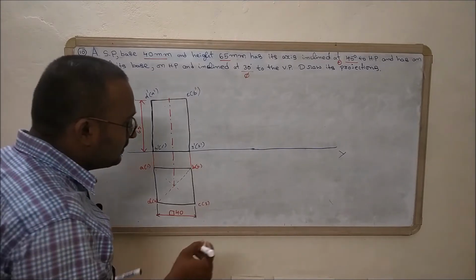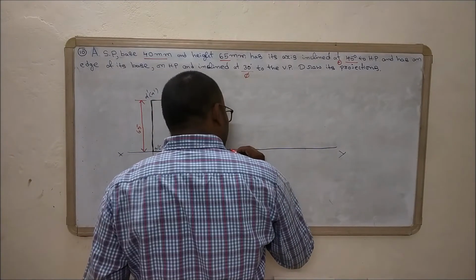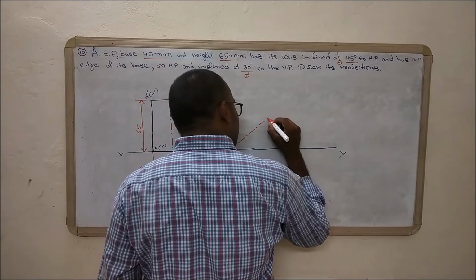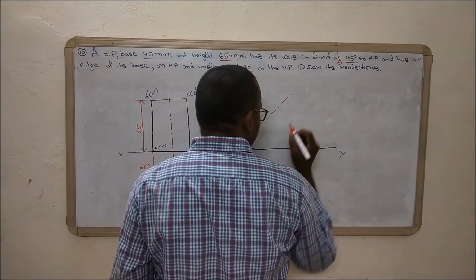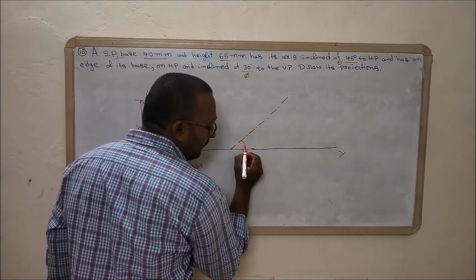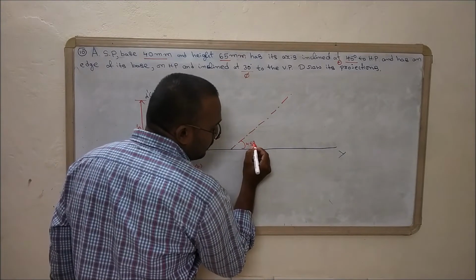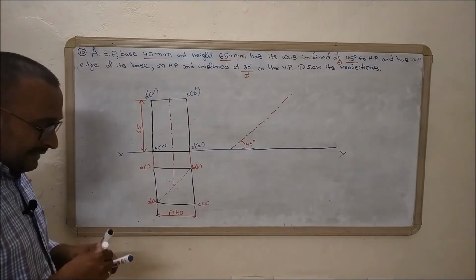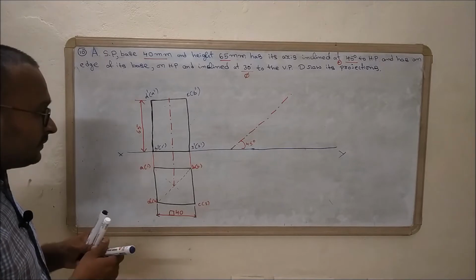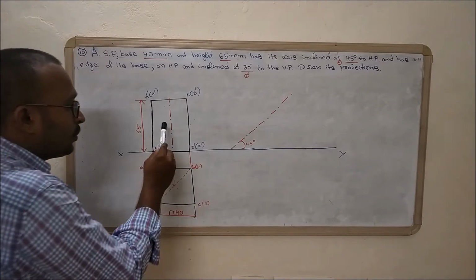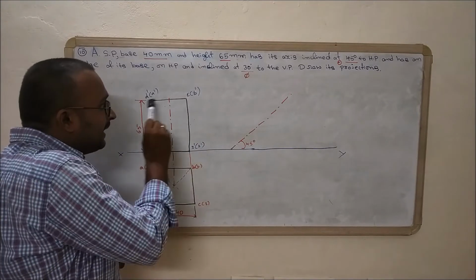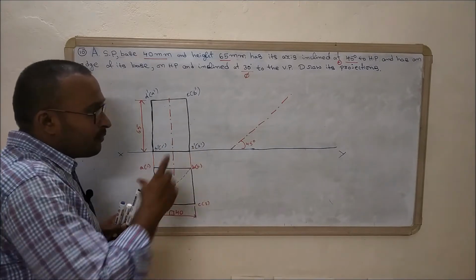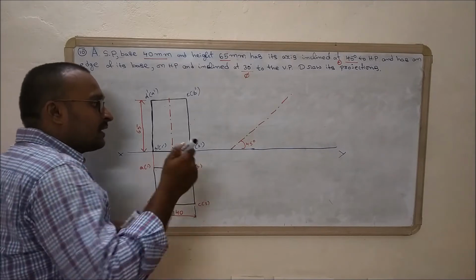So in this case we must start with the 45 degrees inclined line, so that this 45 degrees inclined line with HP, which is equal to theta angle, then we must rotate this particular A, B, C, D, 3-4 profile at an angle of 45 degrees.